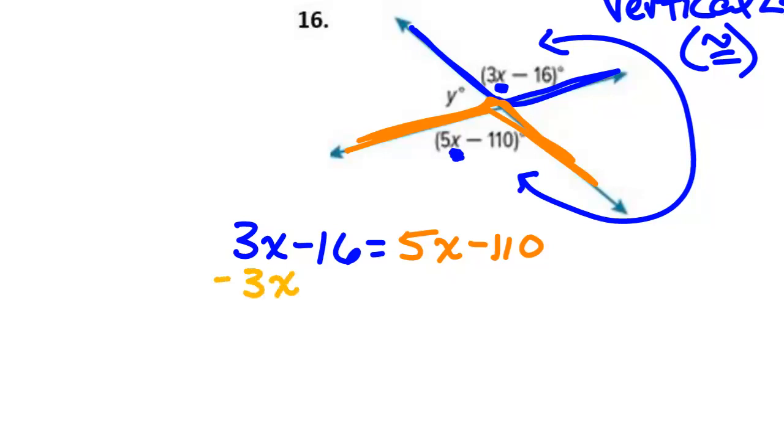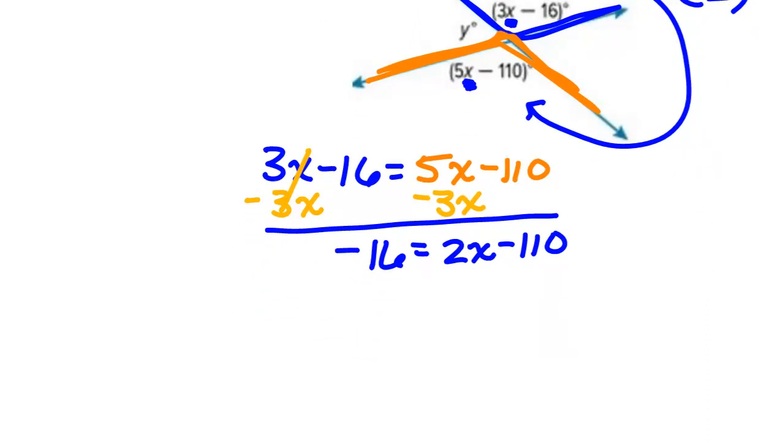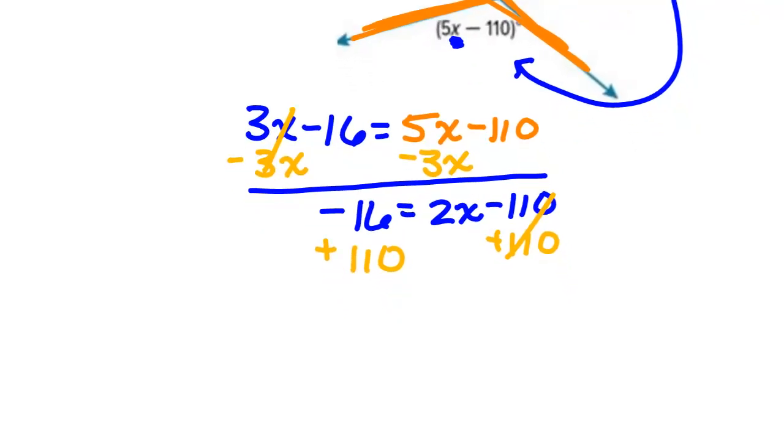Get the x's to the same side, so minus 3x from both sides. Negative 16 equals 2x minus 110. Nope, add 110. If I add 16, it's going to give me a 0 on the other side and too much stuff around x. Remember, I want x alone, so I have to get rid of the things that are on the same side as x. I said 110, you said 16.